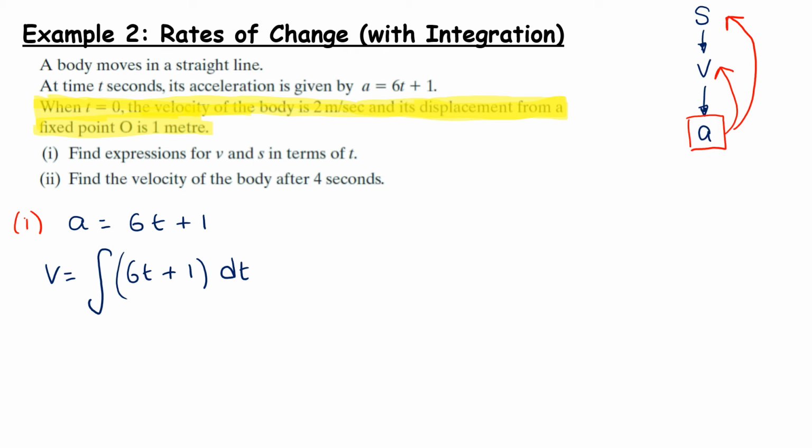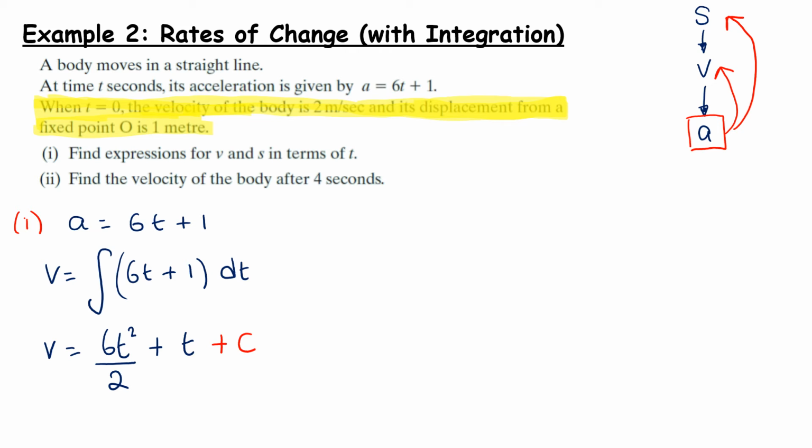When we do that, we're working backwards. So we have 6t squared divided by the new power, 2, plus t divided by 1, which is just t, plus c. So plus some constant. Now this is where we use the statement above to figure out what the constant is.